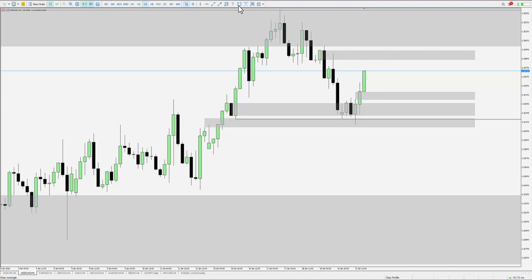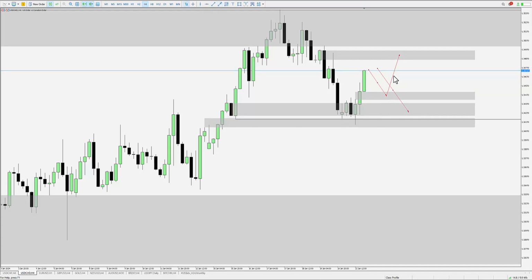I would love Bank of Canada to announce their rate decision when price is either inside this fair value gap, number one, and then number two, this bullish order block.